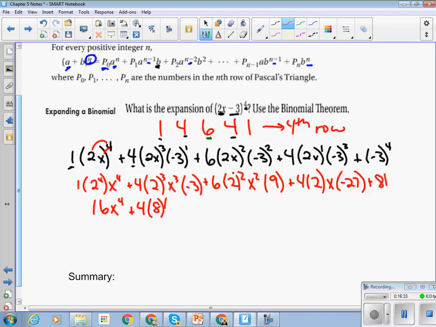I'm going to move the negative 3 so it's grouping my numbers all together. I'm going to rewrite this here. 4 times 8 is 32, and then times negative 3 is negative 96.